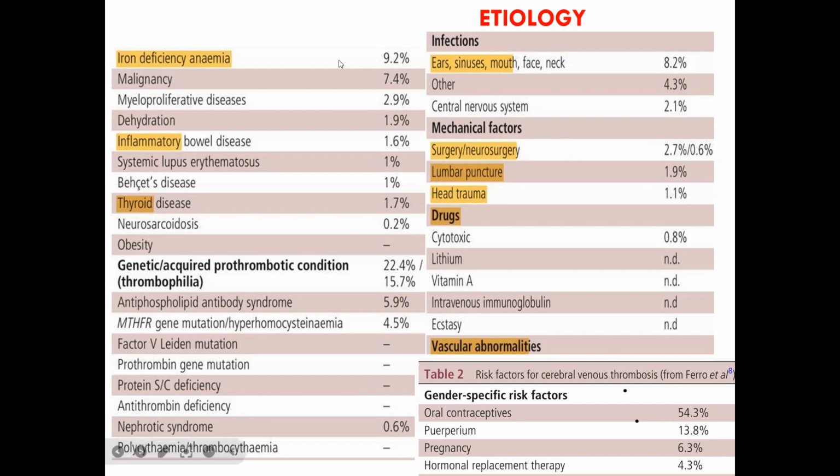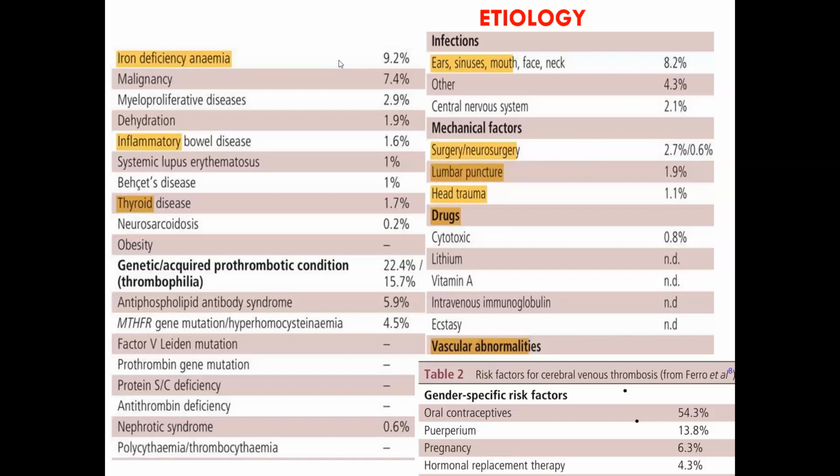What happens in iron deficiency anemia? Okay. In iron deficiency anemia, there will be reactive thrombocytosis that will activate a hypercoagulable status. So in a case of CVT, you should always look for iron deficiency anemia.